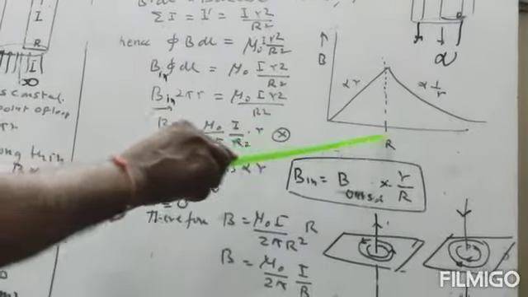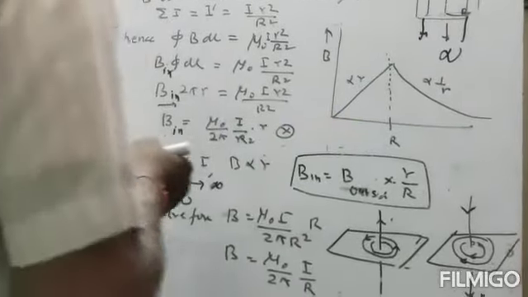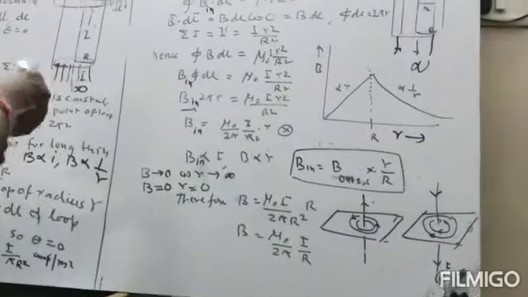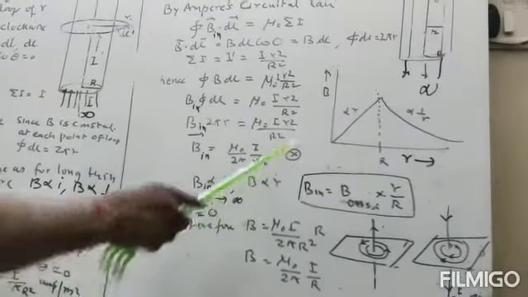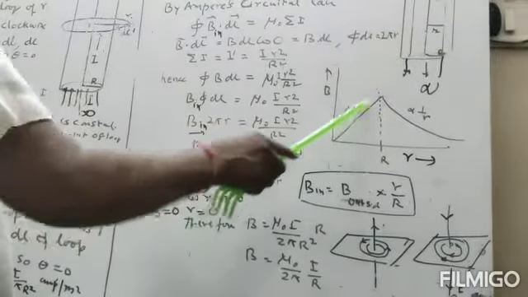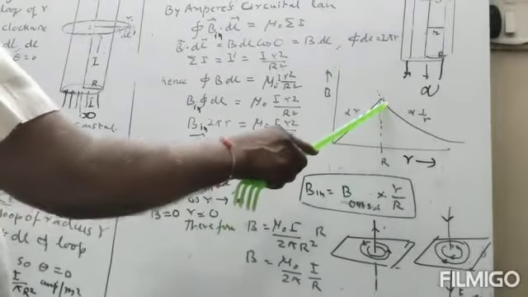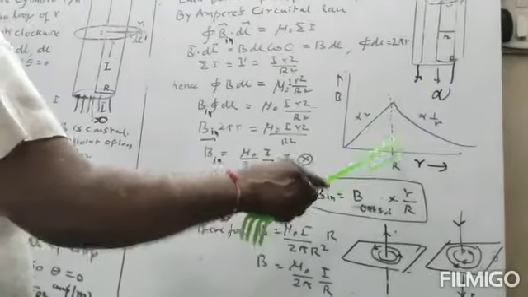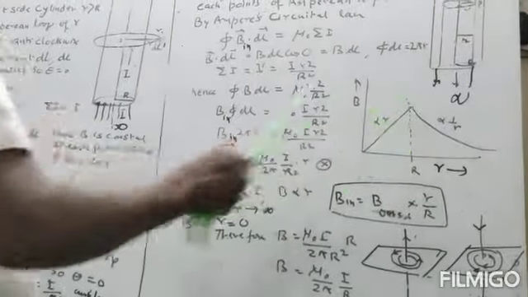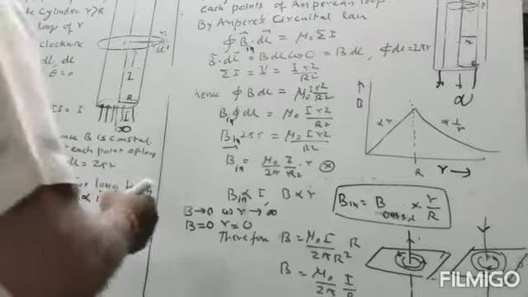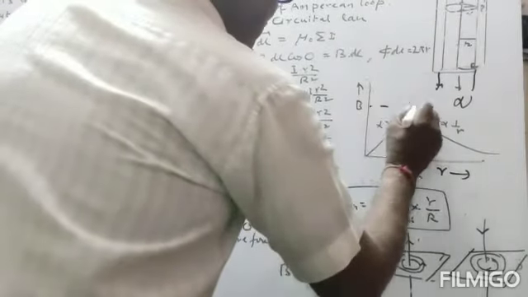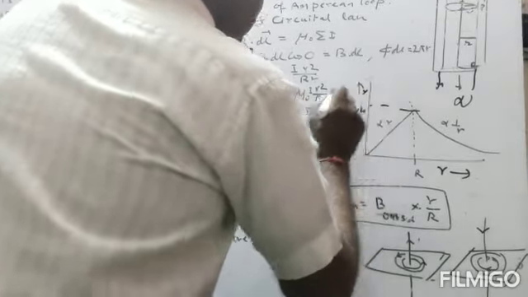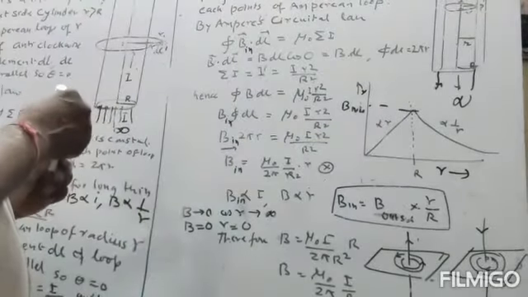Now as r increases, it is proportional, so it will be a straight line, up to this point, which is the surface point where R is the radius of the cylinder. So here the magnetic field will be maximum. Here it will be equal to B maximum, and B maximum will be at the surface.